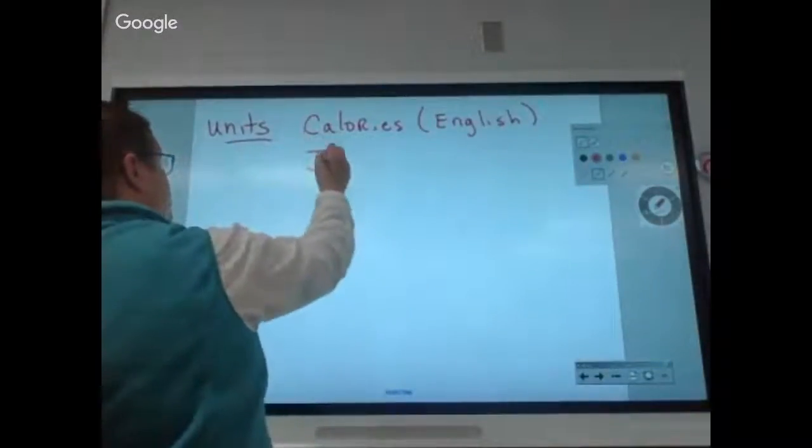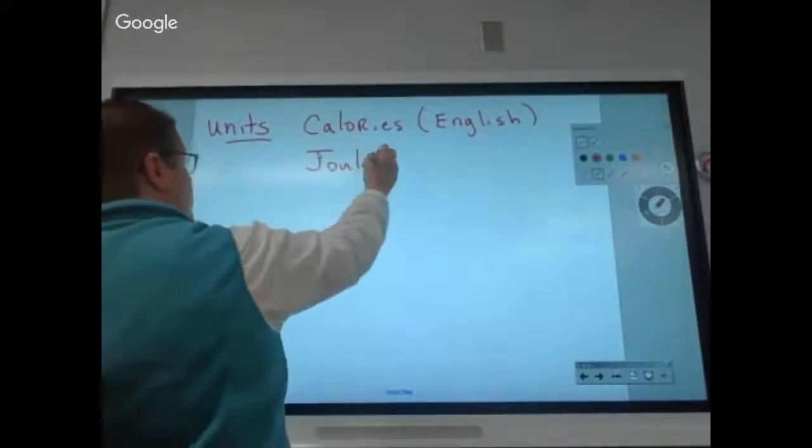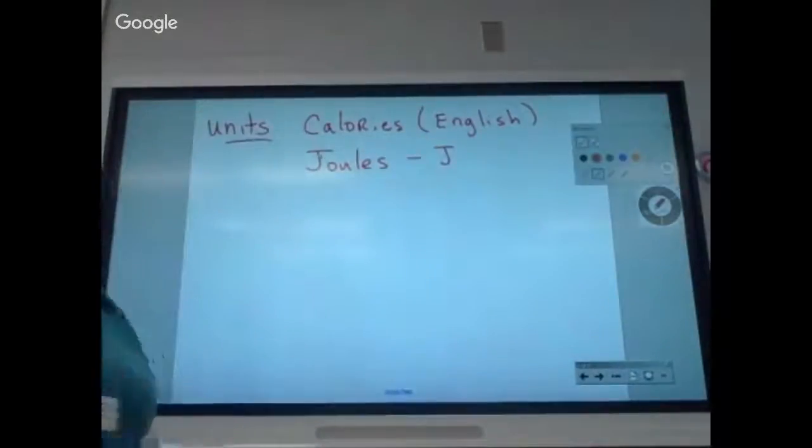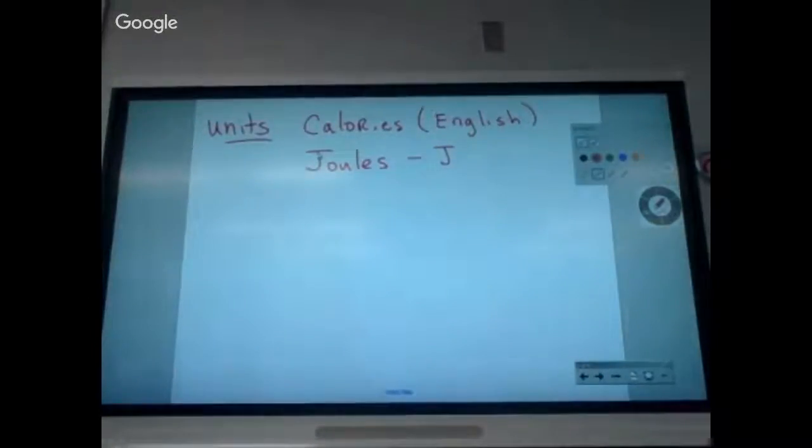Now, joules will be the unit that we use. And it's abbreviated with a J. Joules are bad for you. Not that kind of jewel. Okay? No jewels anywhere. And they're not pronounced jowls either. They're pronounced joules.